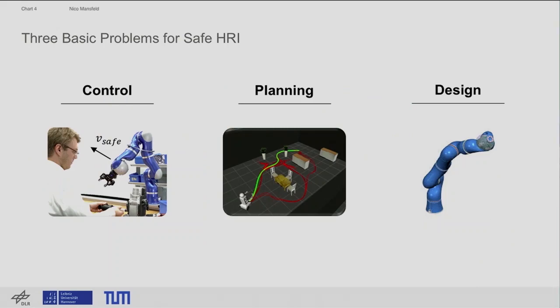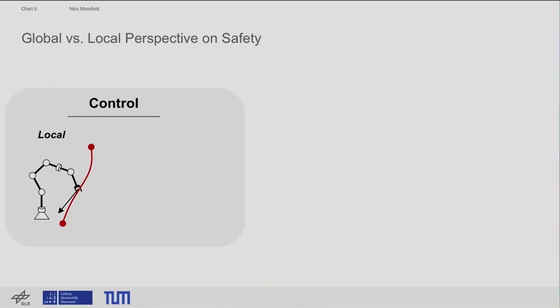Okay, so now for doing safe human-robot interaction, we have basically three problems, namely control, planning, and design. In control, we are concerned about generating locally safe velocities. In planning, we want to generate safe trajectories, and in design, we want to design safe robot manipulators. Now, these three problems also come with different perspectives.